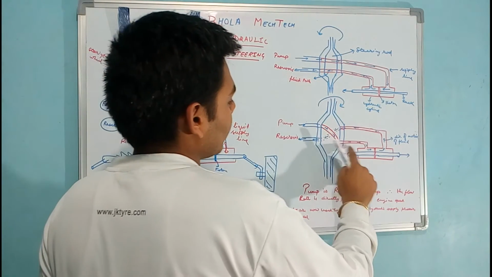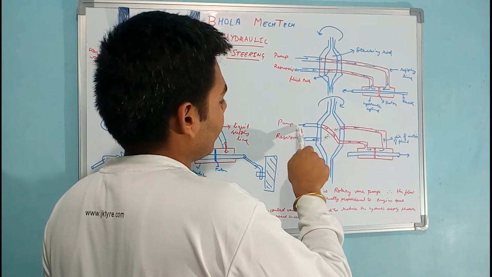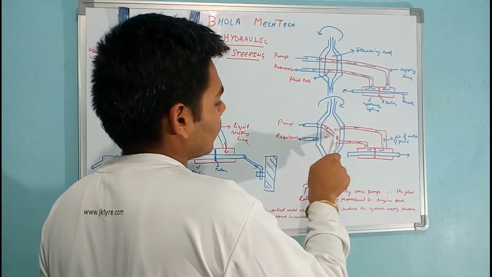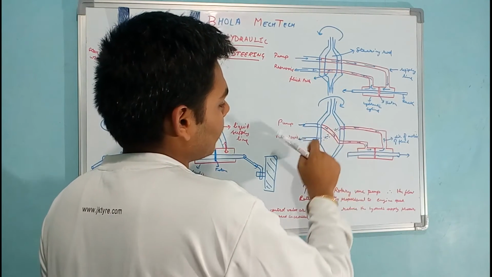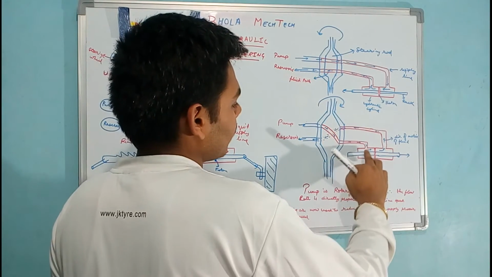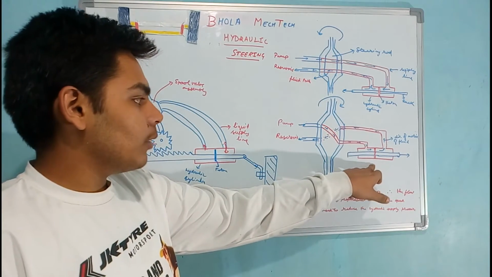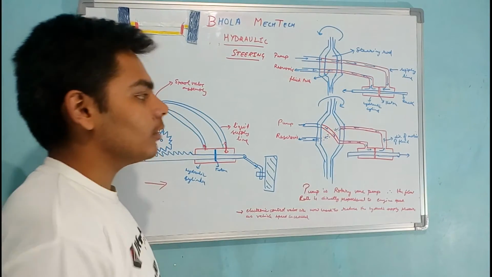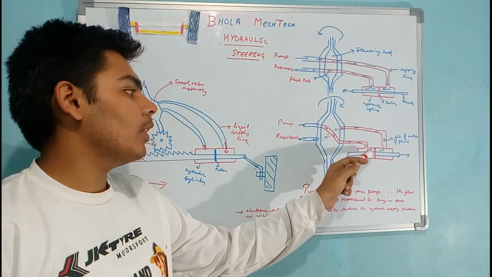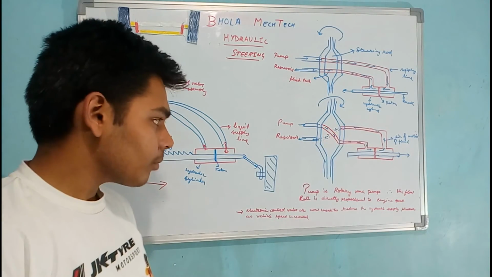And since this point is connected to the left side of the cylinder, when the pump is pressurizing fluid in this direction, the pressurized fluid will enter the left side of the cylinder. At this moment, since there is pressurized fluid in the left side of the cylinder, it will exert force on the piston towards the right, so this time the fluid will exert force on the rack in the right direction.